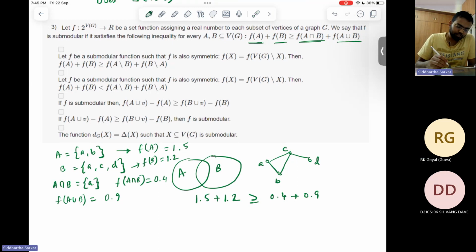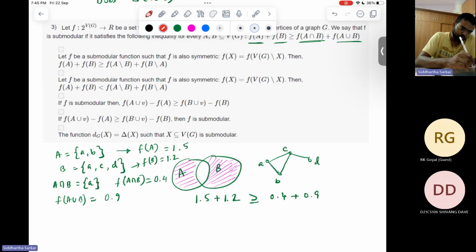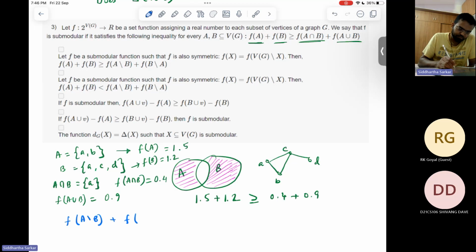Let us try to write something for f. So we know that this part is A minus B, and this part is B minus A. Now let's take the pen, let's take red. f of A minus B plus f of B minus A is greater than or equal to, what is the intersection of these two things?